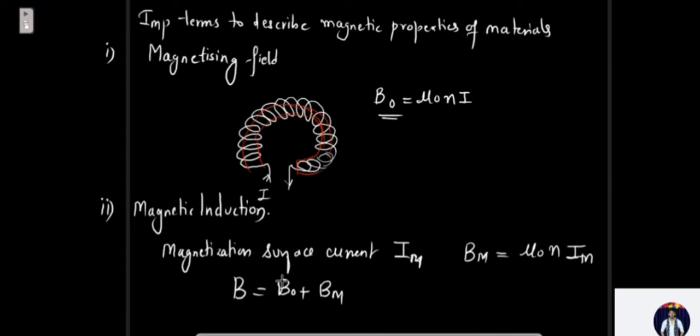The SI unit of magnetic induction is Tesla, or Weber per meter square, which is equivalent to Newton per meter per ampere, or joules per ampere per meter square. So these are the SI units of magnetic induction. Now let us move on to the third term, that is magnetizing field intensity.